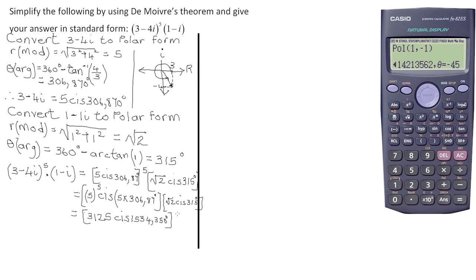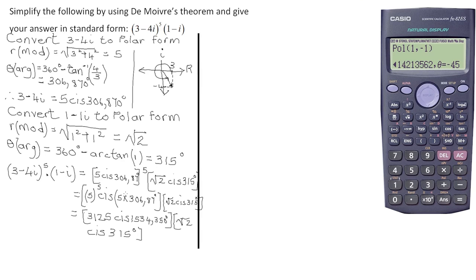And you will multiply it with the square root of 2, cos 315. So we have simplified. In fact, we have already applied De Moivre's theorem.